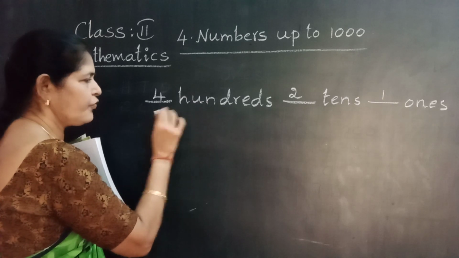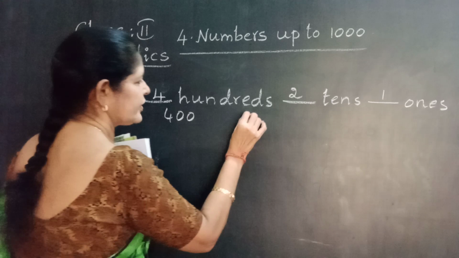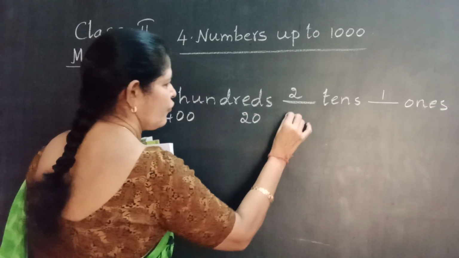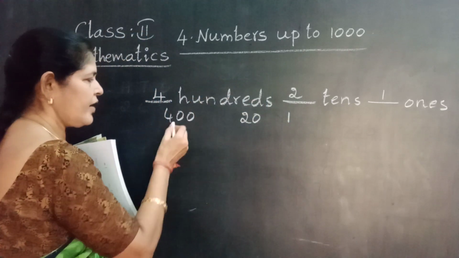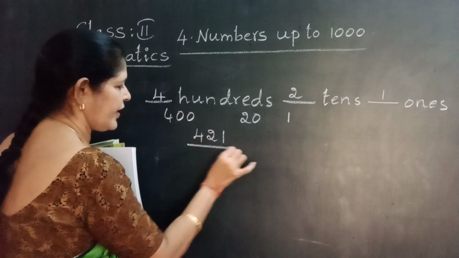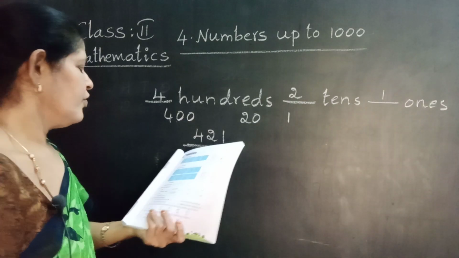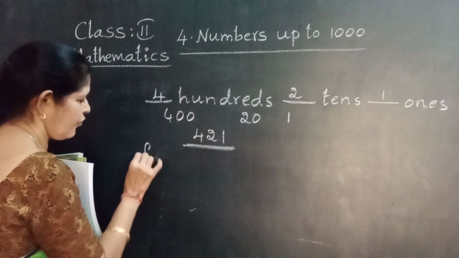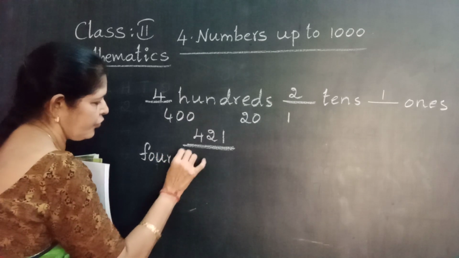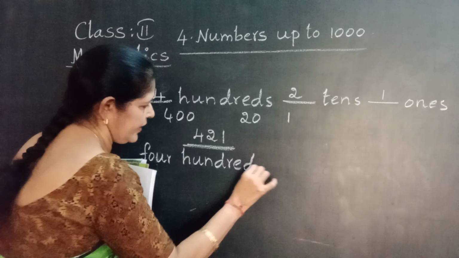Now what is the number? 400s, 2 tens, 20, 1. Now write the number: 421. What should you get? 421. Write the number name. F-O-U-R, 4, HUNDRED, 100.